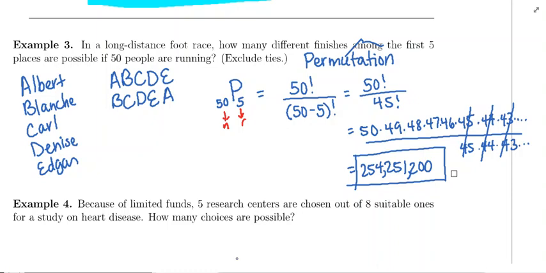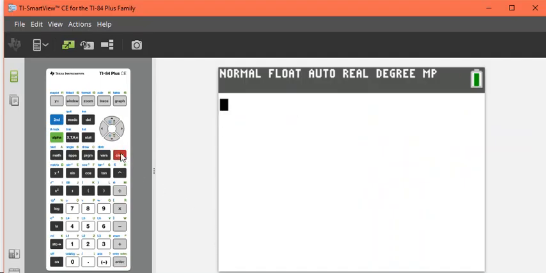Let me show you how you could have gotten this humongous number from the calculator without having to do the 50 factorial over the 45 factorial. If you pull up your calculator, you're basically putting in 50P5. You put in 50 first, and then you have to tell the calculator that this is a permutation.